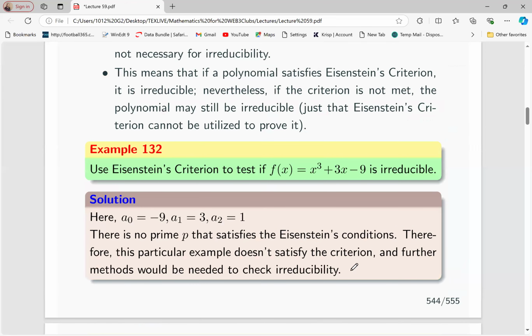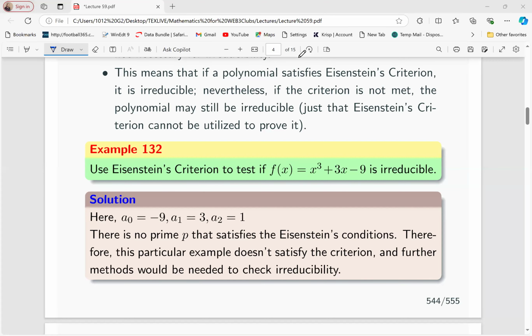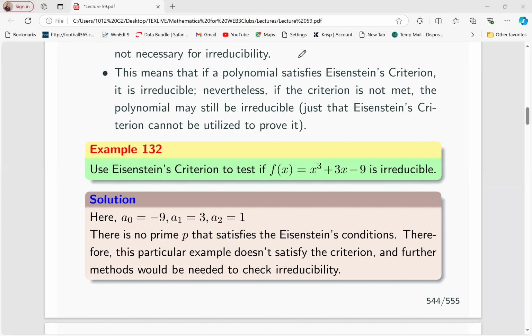Now let's look at this example. The example says, we want to test if this polynomial here is irreducible.